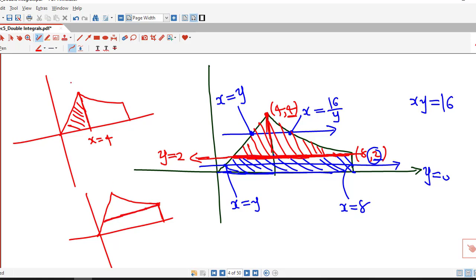So that is our choice, in which order we want to integrate first. If we want to integrate with respect to y first, we will divide our region into two sub-regions in this way, and after that we will consider vertical lines passing through these two sub-regions. If we want to integrate first with respect to x, we will divide our region from this point, and then we will consider horizontal lines in these two sub-regions as we have discussed.